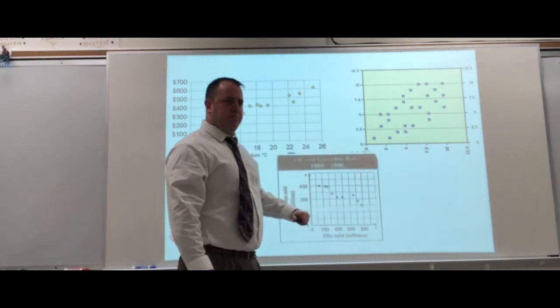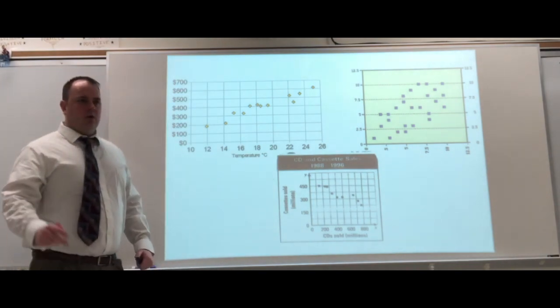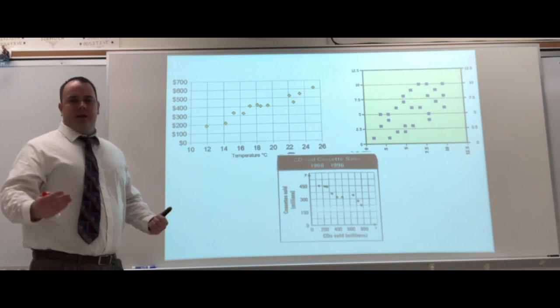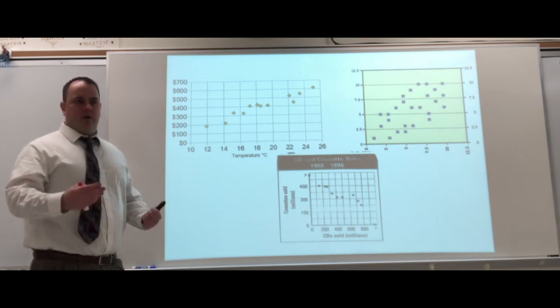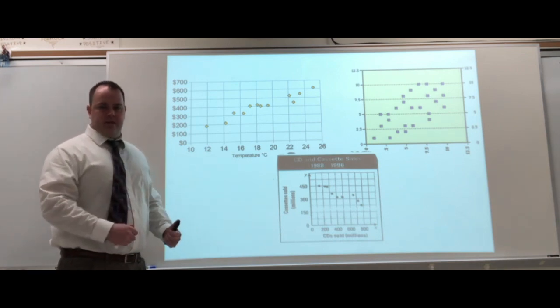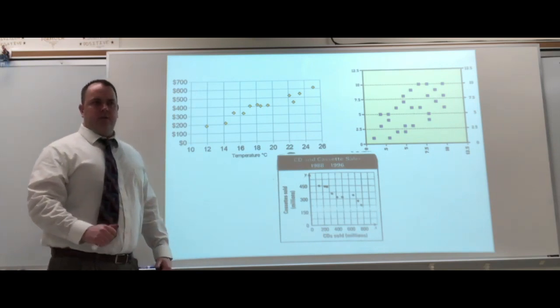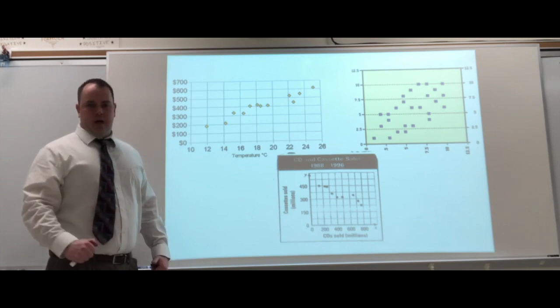Everyone's line of best fit might be a little different, so your answers are going to be a little different. Don't look over at your partner and think they have a different answer, so I'm wrong or they're wrong. You both could be correct, depending on what your line of best fit is. So that's making predictions using the line of best fit. The next part is me writing the equation for the line of best fit.